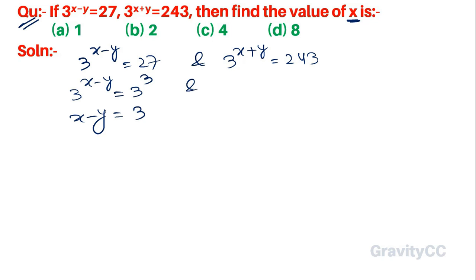And 243 is 3 to the power 5, so x plus y is equal to 5.